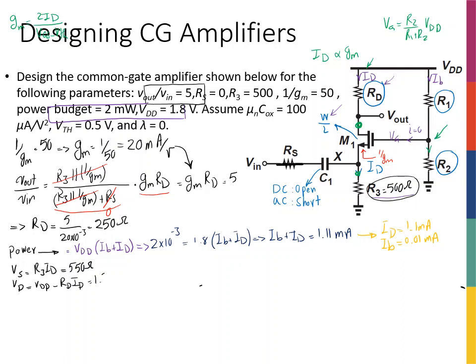So it's going to be 1.8 minus, we got the RD to be 250, times 1.1. So it's going to be equal to 1.525. So from this, we can say that my VDS is almost 1 volt. To be exact, 975 millivolts.